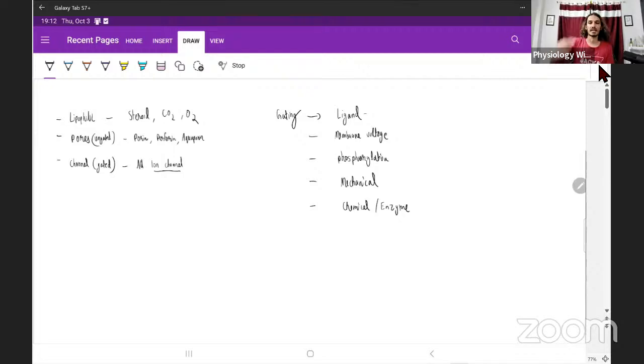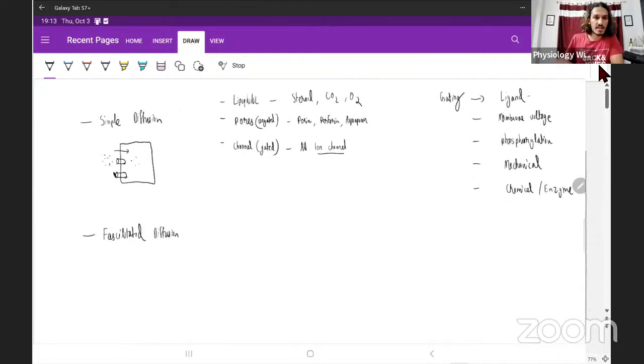That is what results in action potential. Phosphorylation gated channels are there, for example, how insulin is acting. Mechanically gated, for example, how pressure by touch is sensed through the receptor. Or some sort of chemicals can also be involved. So these are different things that you can talk about under simple diffusion with examples.